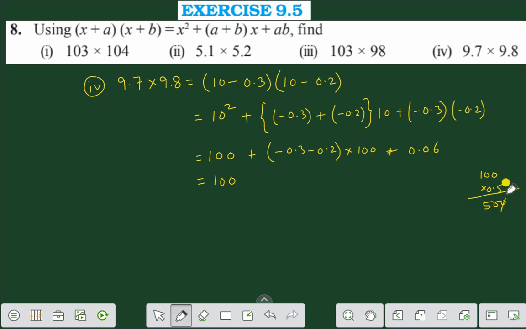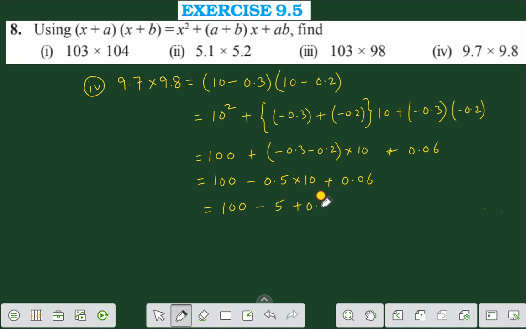Therefore, we are getting 100 minus 0.5 into 10 plus 0.06, right? 0.5 into 10 is 5.